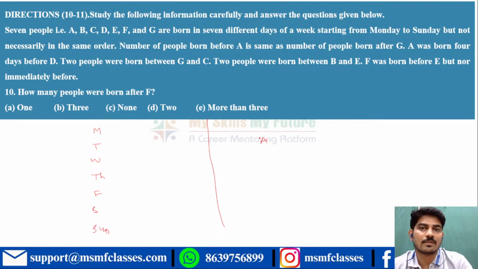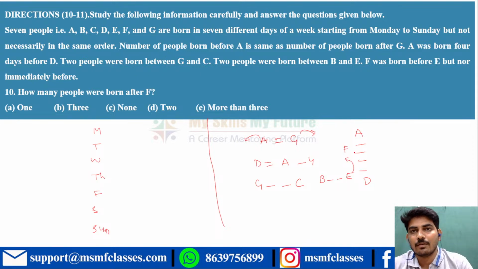The number of persons before A will be equal to the number of persons born after G. Next, A was born 4 days before D. So D is equal to A minus 4, a 4 days gap must be present here. And there are 2 people born between G and C. In between G and C, 2 people are born, and in between B and A, 2 people are born, and F was born before E, but not immediately.